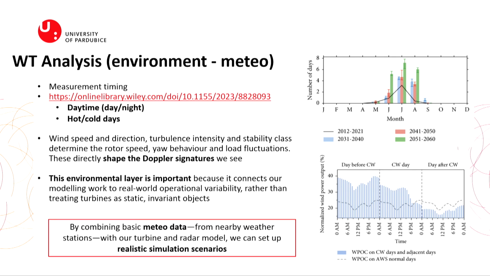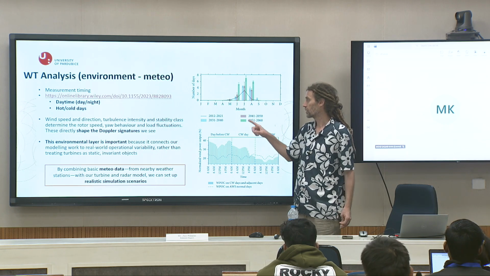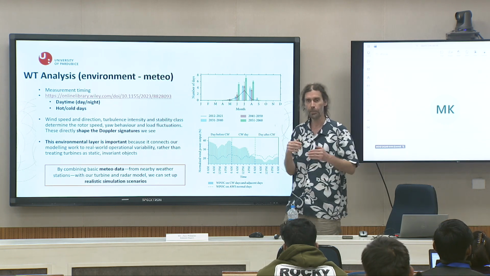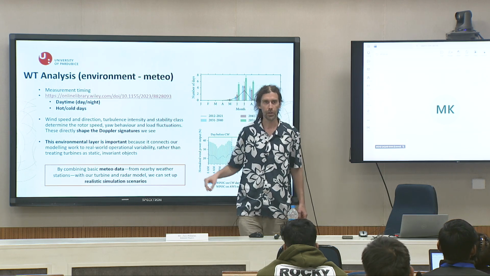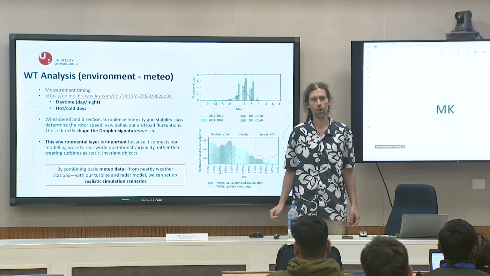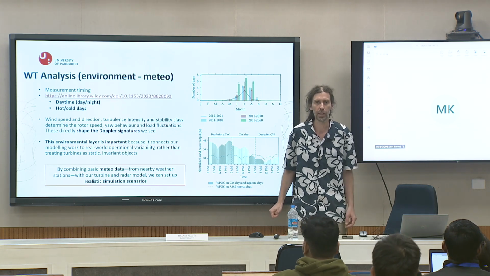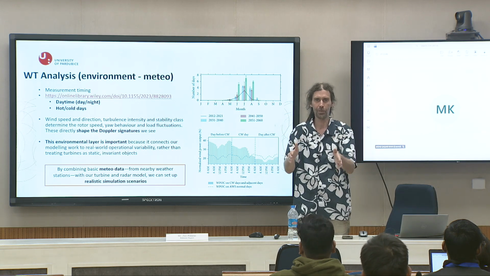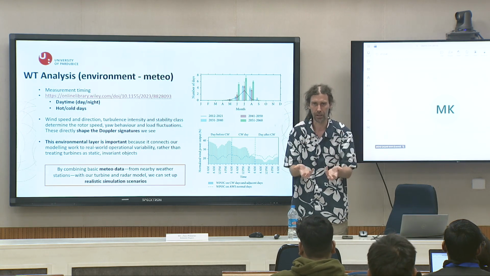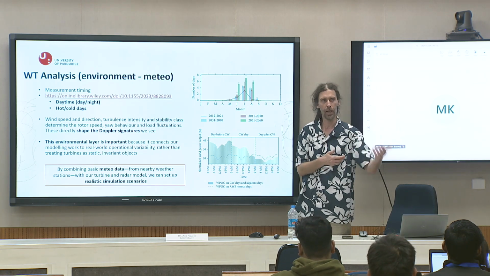This environmental layer is very important, because it connects your modeling and prediction with real operational variability. Imagine you can also adapt your mitigation technique depending on this, because you know from the statistics that at this time there is some kind of behavior, and at other times, during nights, it is another behavior.